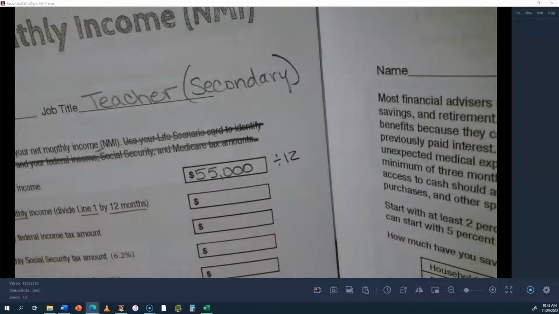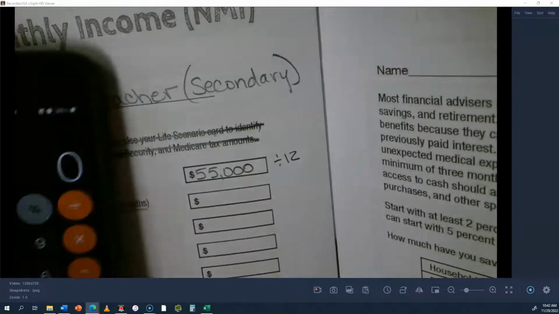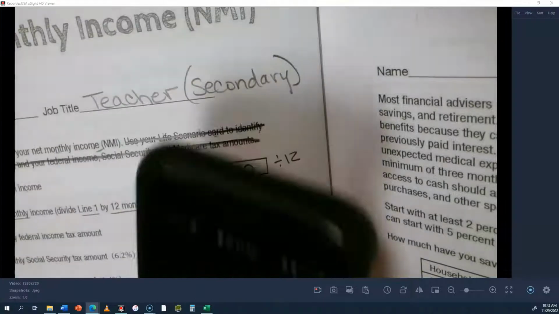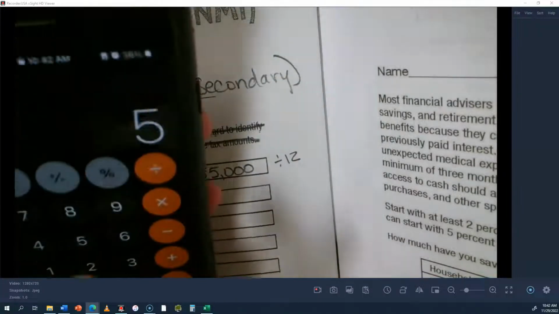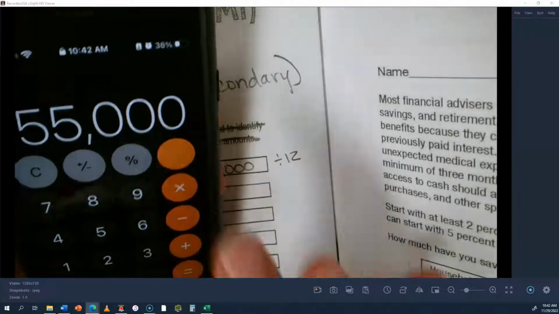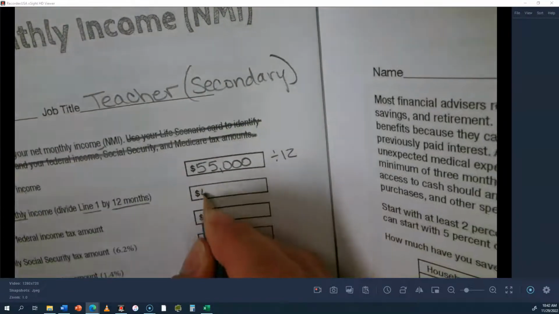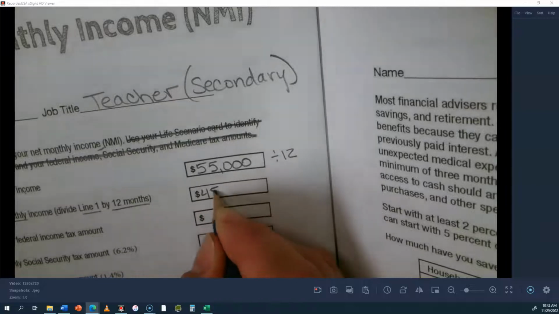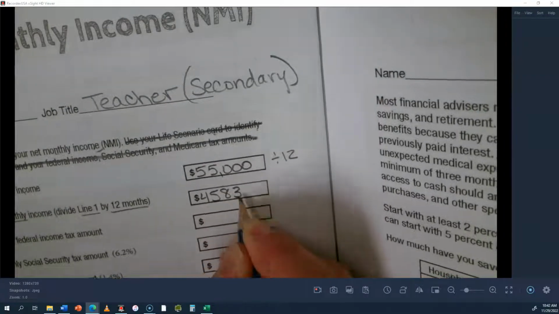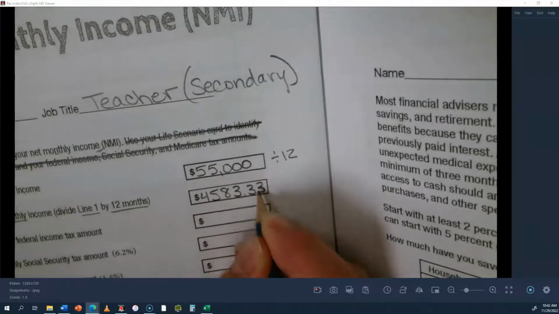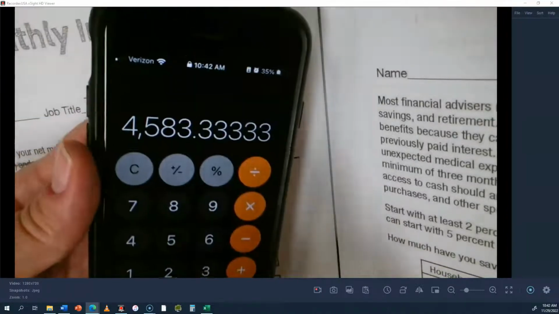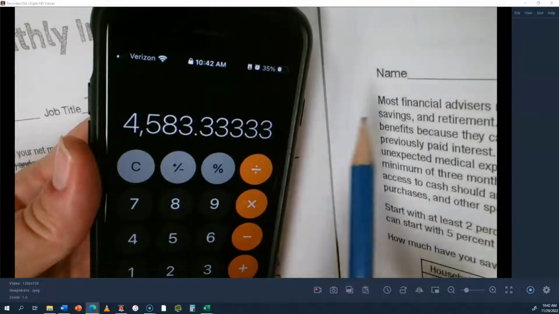Okay. So on my calculator, 55,000 divided by 12 is equal to $4,583.33. Now notice on the calculator it says 0.333333.